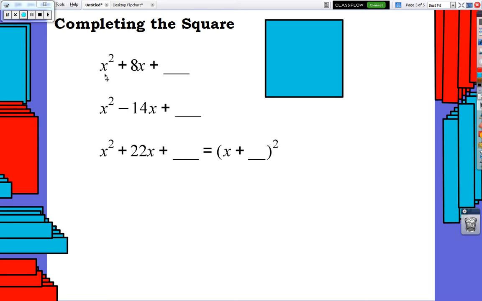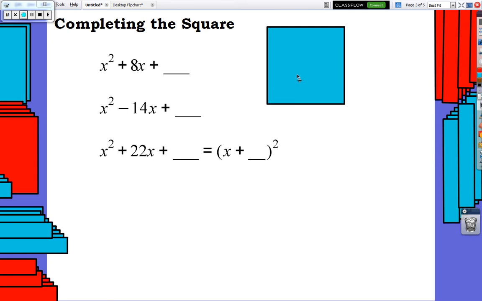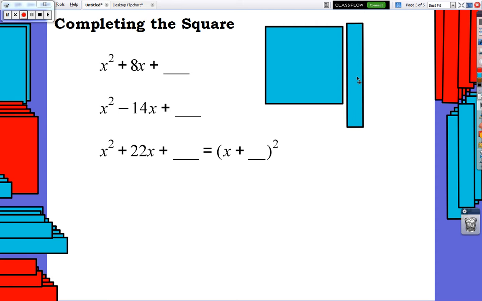So I have my blue square tile. Remember that the blue represents positive and the red represents negative. So I have a blue x squared and I need 8 blue x pieces. So I'm going to start by putting up some pieces over here. Now my pieces are a little too big.